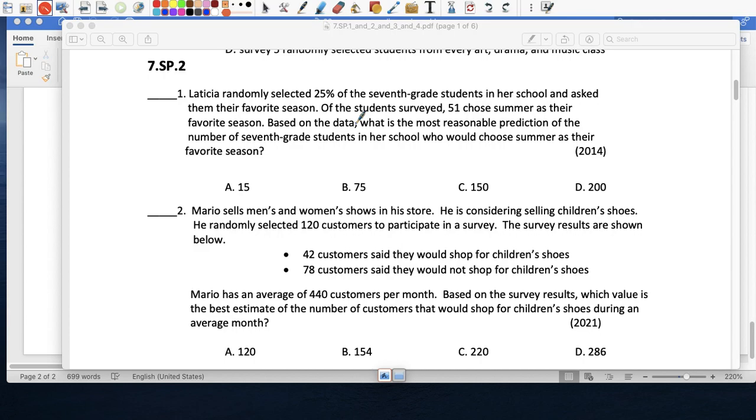It's 25% of the 7th grade students. Of the students surveyed, 51 chose summer as their favorite season. But I don't know what 51 is out of the 25%. Am I reading this wrong?